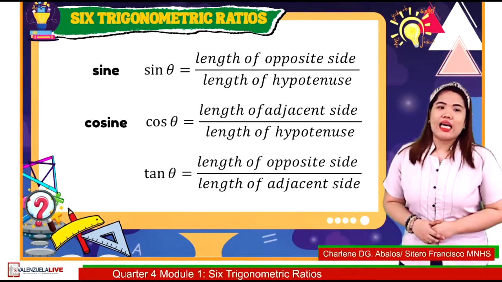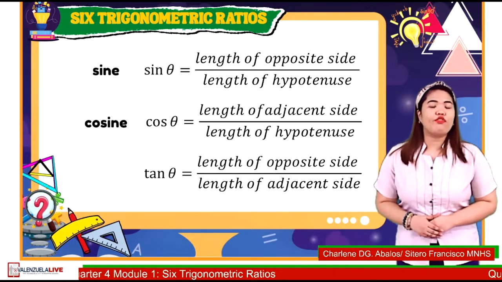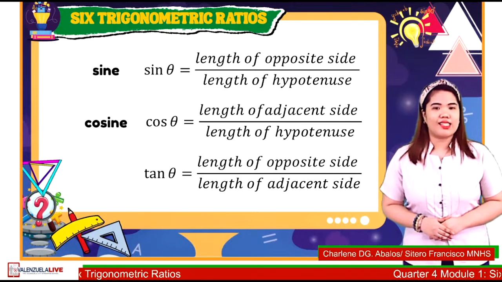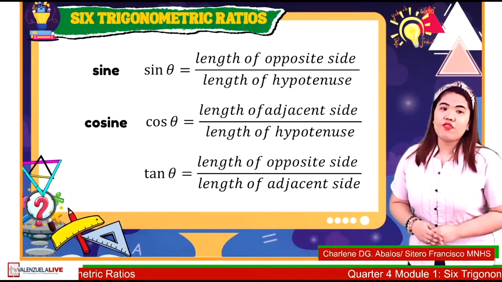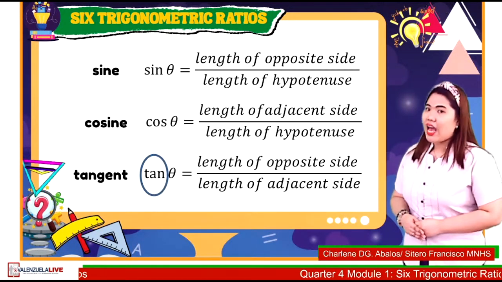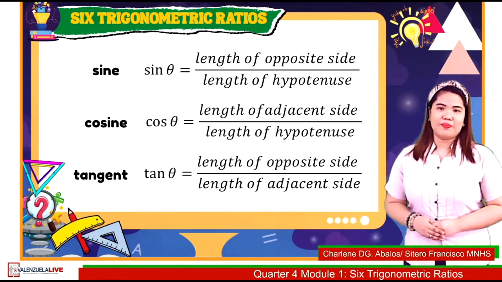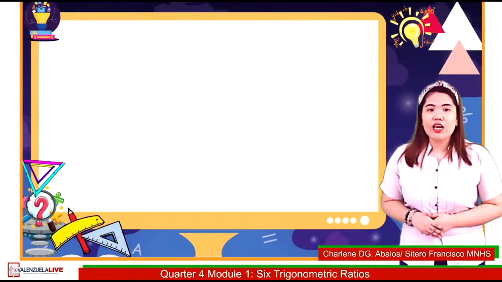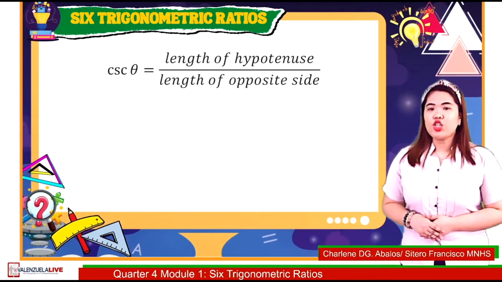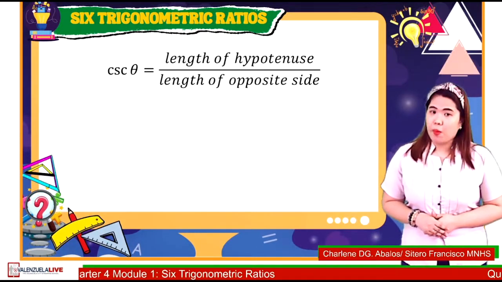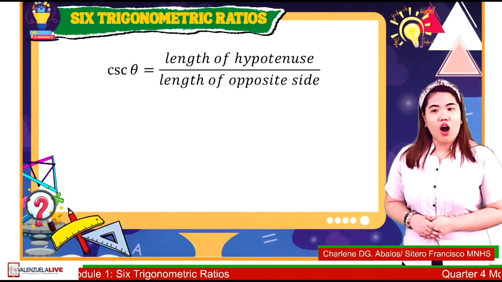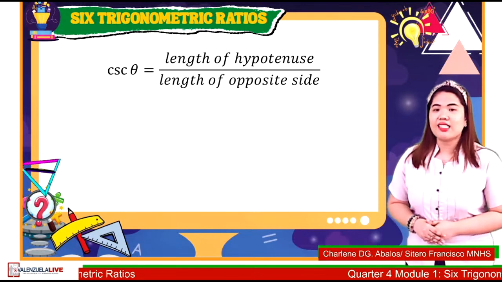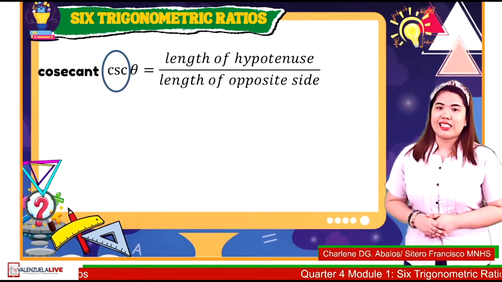Tangent theta is equal to the ratio of the length of opposite side to length of adjacent side, and it is abbreviated as tan. Next, cosecant theta is equal to the ratio of the length of hypotenuse to length of opposite side, and it is abbreviated as csc.